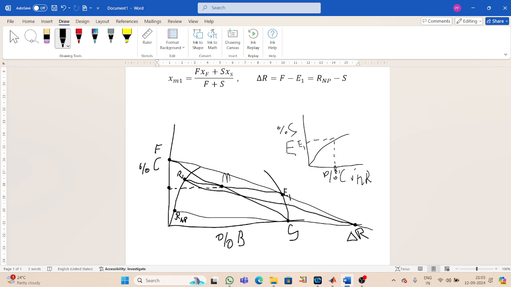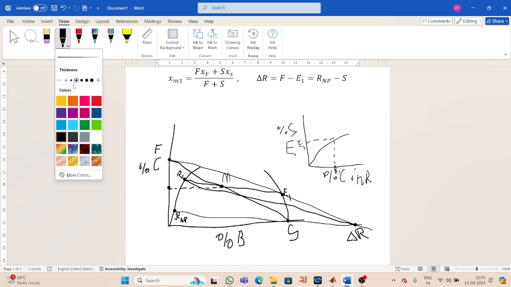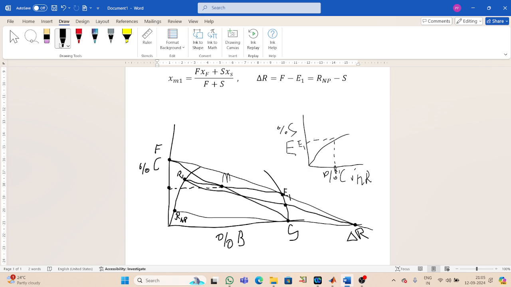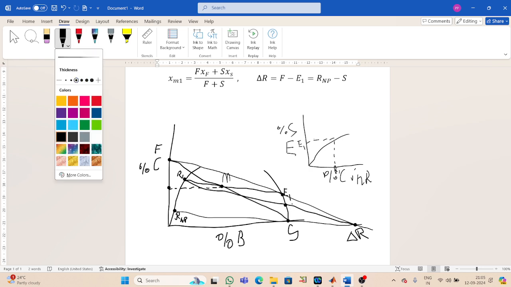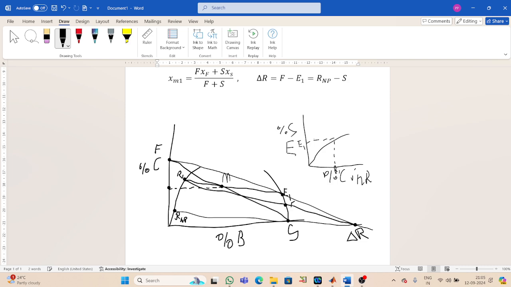Now on the equilibrium curve, on the exact curve, we get E2 here. This is E2. Now, similarly, we will plot this E2 on this equilibrium curve and we'll get R2.